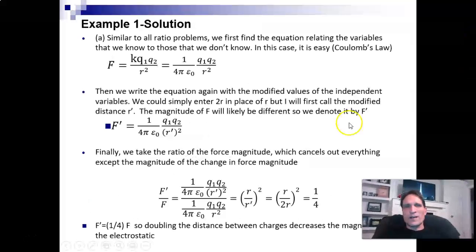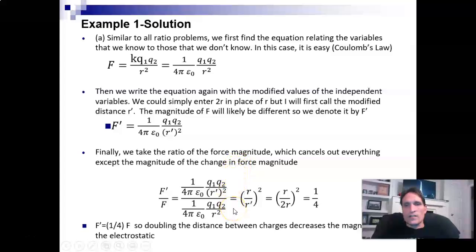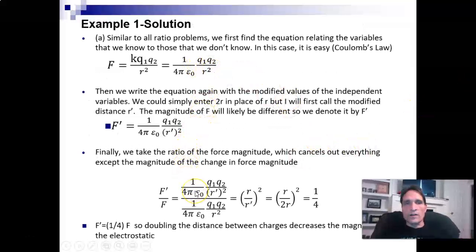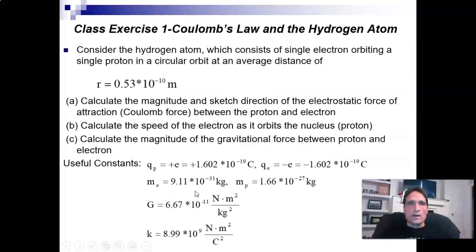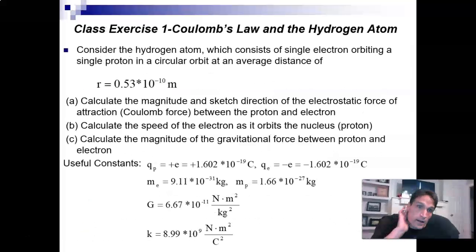I overdid it with the steps a little bit, primarily just to show you how to do it. You could have, in this case, just put 2R in. And for the second example, we could have just put 2Q1, 2Q2, and you would have seen that it's 4 times greater, but I was a little more methodical here to show how it's done. So you should be able to do that.